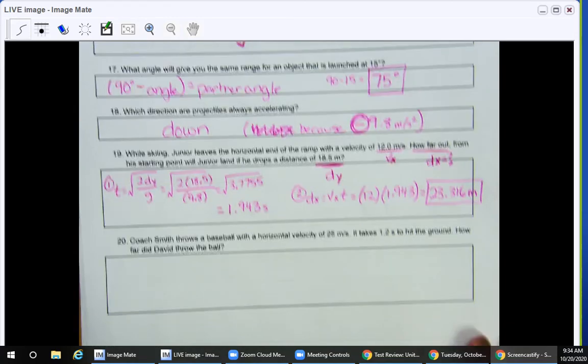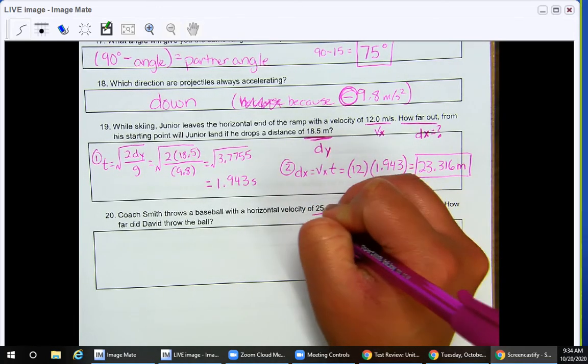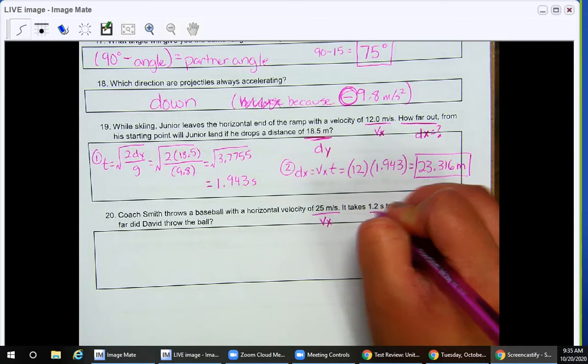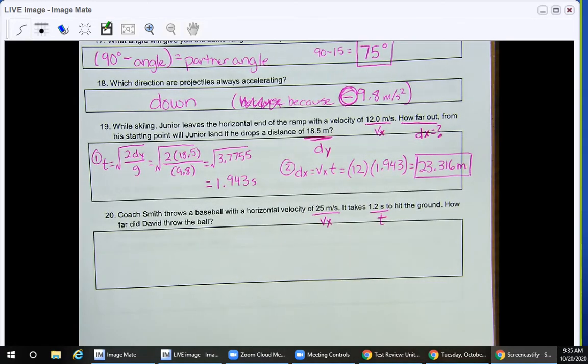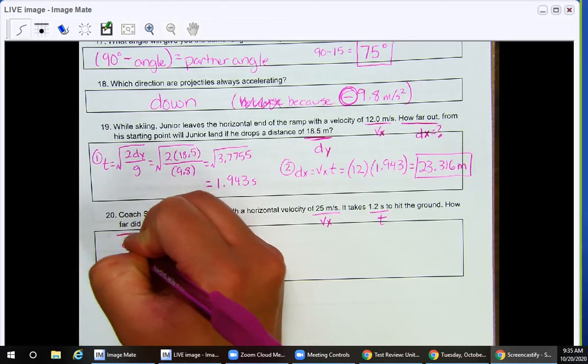And our last problem. Coach Smith throws a baseball with a horizontal velocity of 25 meters per second. That's our Vx. It takes 1.2 seconds to hit the ground. That's our time. How far did David throw the ball? So we want to know how far. That's our dx.